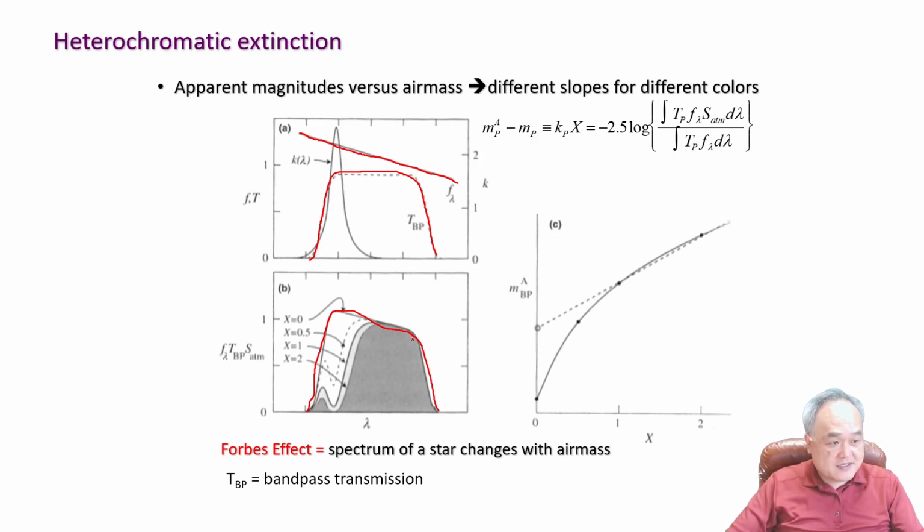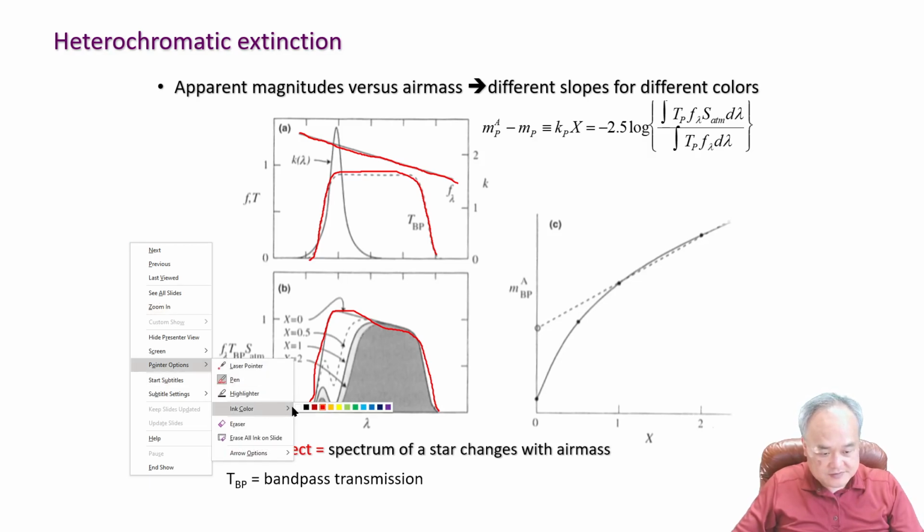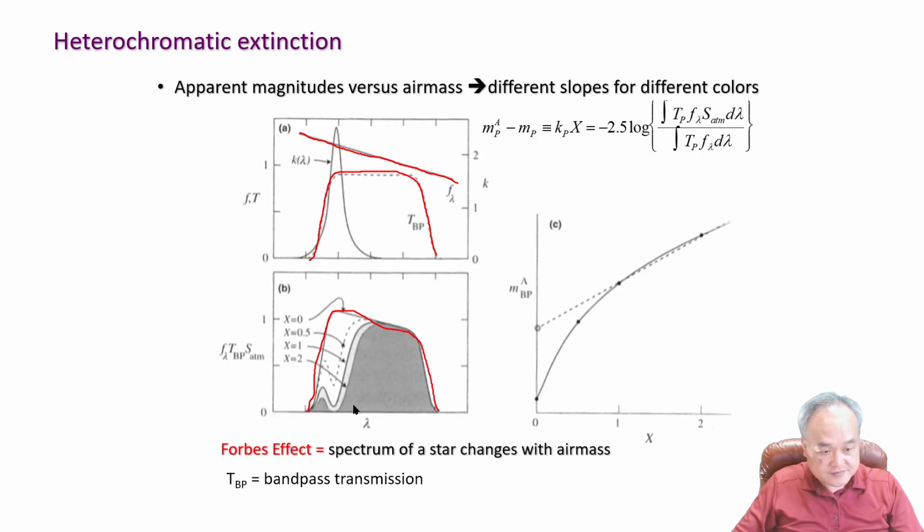Then imagine that you observe this at multiple air masses, and the atmospheric extinction coefficient has a certain spectral shape, k of lambda.